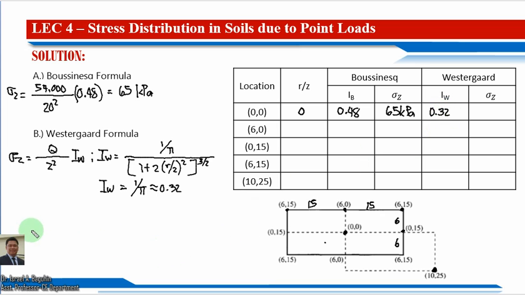So calculating our vertical stress, which is equal to Q, 54,000, over this depth of 20 squared times our I subscript W, which is 0.32, we have a value of about 43 kilopascal.